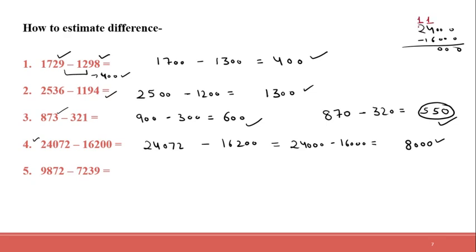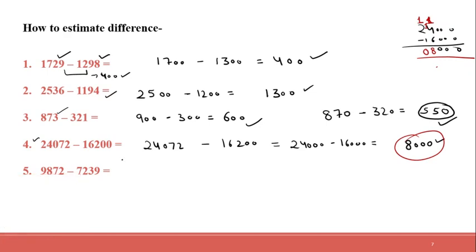I borrowed 1 here, and only 1 is left here. So now 1 and 4, 14. It will become 14, not 5. It is 14 minus 6, 8, and 1 minus 1, 0. Got it? So it is 8,000, as I have written here.